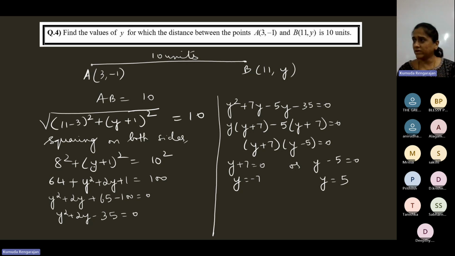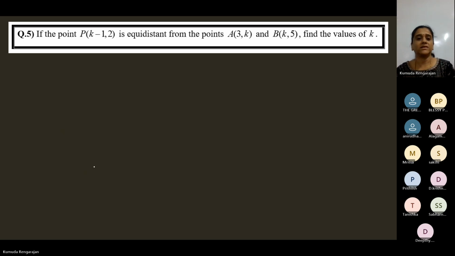Then you missed to add 1. That one you forgot. Okay. You got the values correctly? No, looks like you made a mistake. What is the mistake? No, you're right. Very good. Okay. Next one.